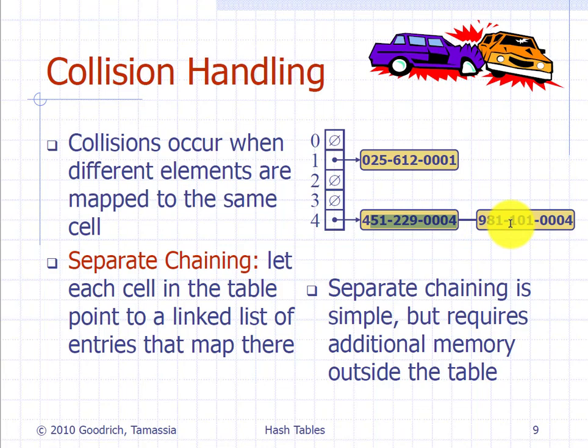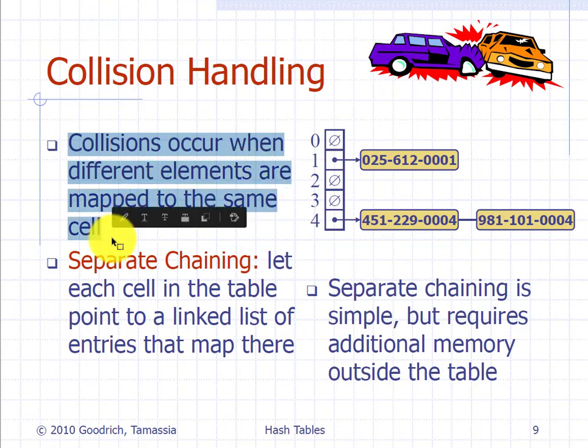Things are colliding, two things come to the same place. There's a picture of a car knocking another car. Because these two keys provided the same hash value, they were hashed to the same place, and a collision occurred. Collisions occur when different elements are mapped to the same cell.